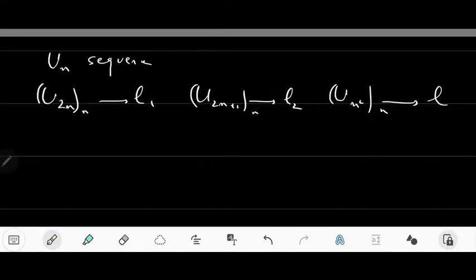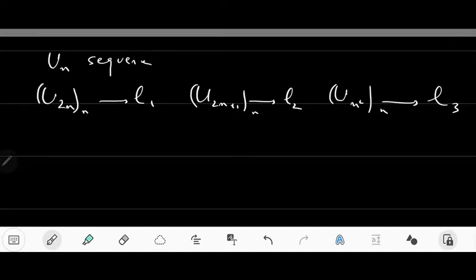So again, having un a sequence and having the three subsequences u2n, u2n plus 1, and un squared, we need to prove that if u2n, u2n plus 1, and un squared are converging, then un is convergent. In this example, we are not saying that they are converging to the same limit, so we need to assume that they might be converging to different limits.